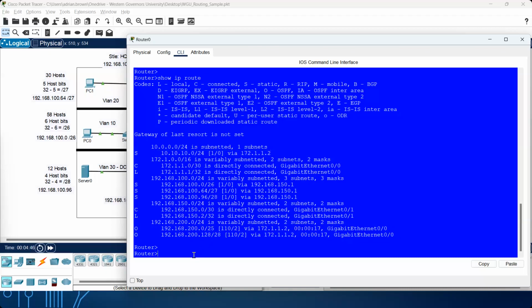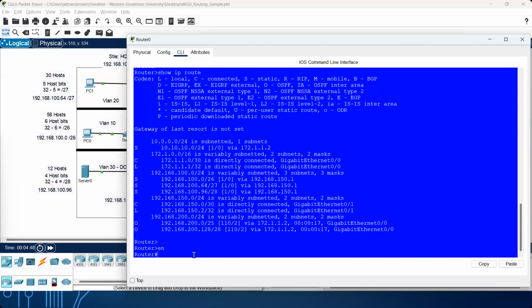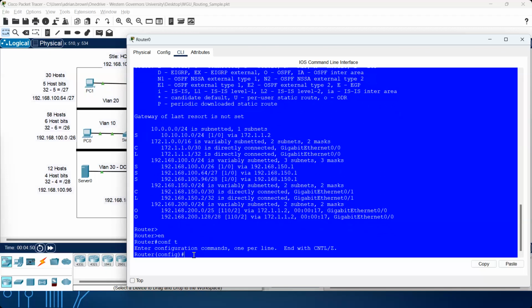Let's see. Let's enter a route really quick. So let's go into the configuration mode and let's set a route. IP route, because I think I promised I would show you guys how to configure a static route, although you do not need to know how to do this for the exam, okay? So IP route, and we'll specify the destination network 192.168.200.0/24.